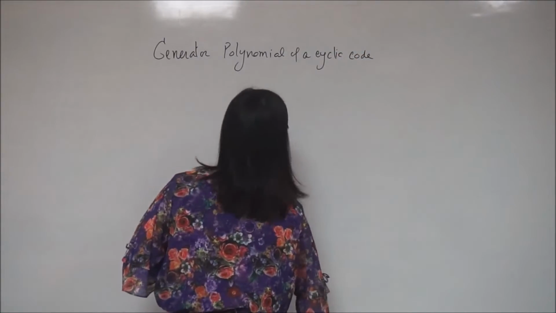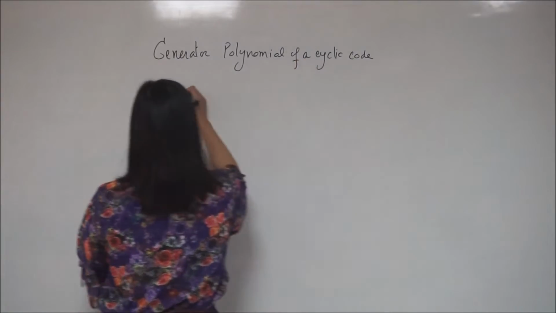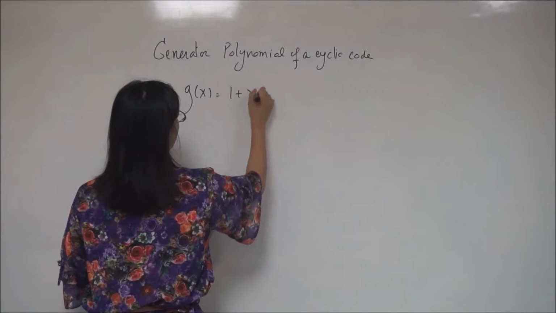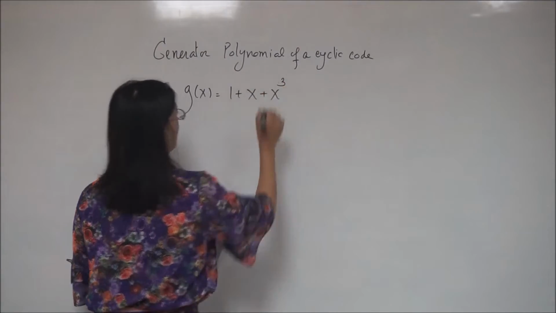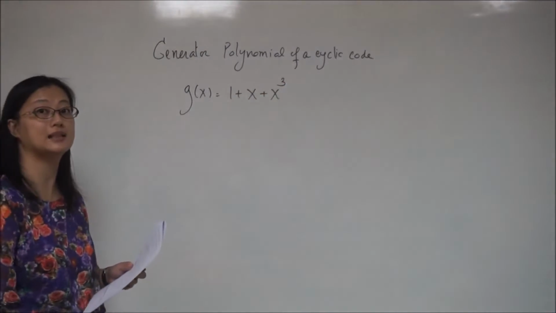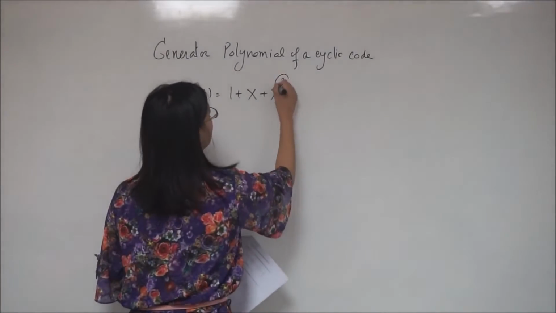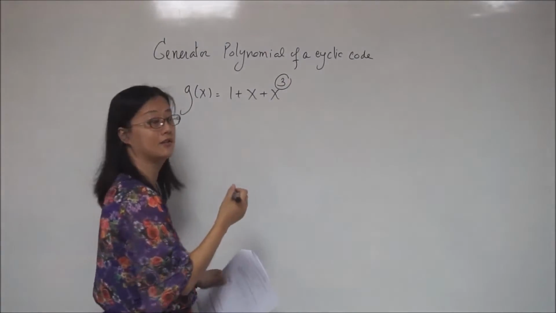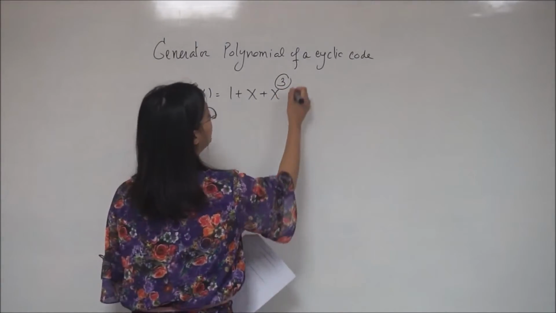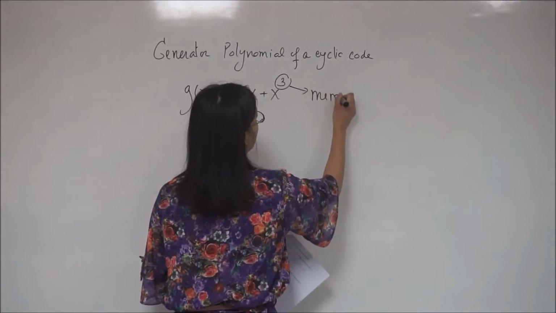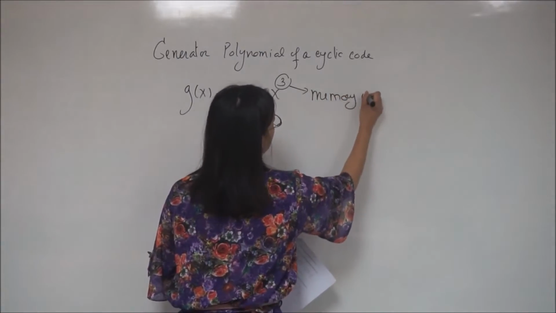The degree is 8, so you have 8 memory units. What happens is that you draw 8 blocks of flip-flops: 1, 2, 3, 4, 5, 6, 7, 8.